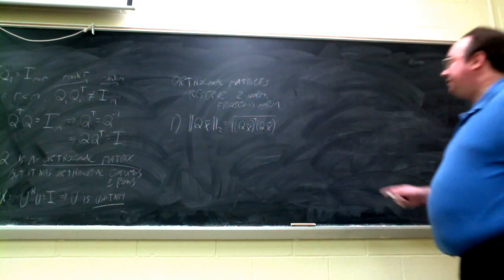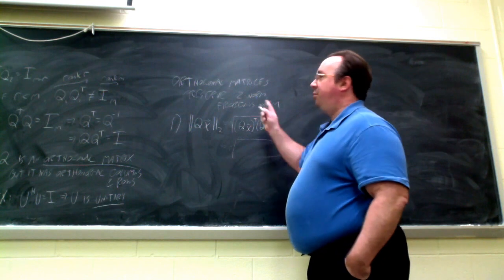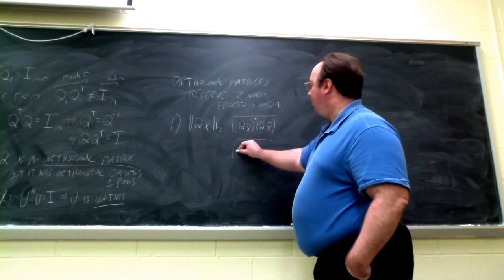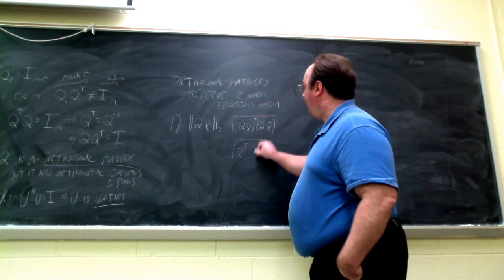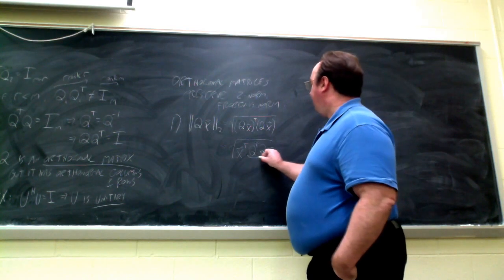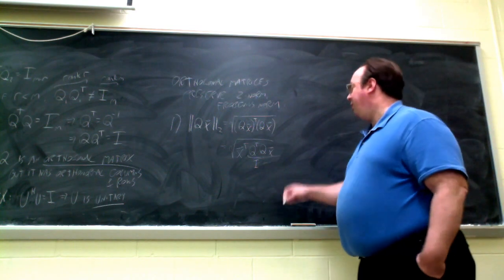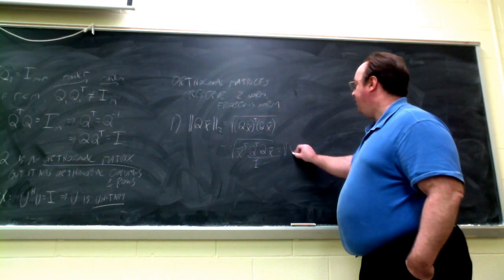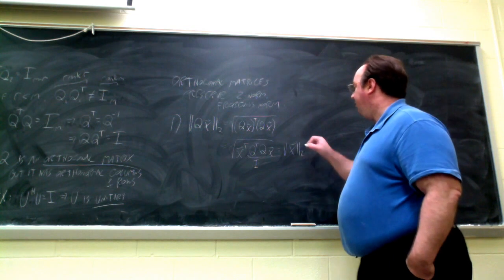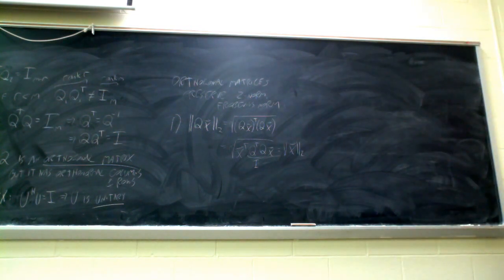But the transpose of a product is the product of transposes in reverse order. So we get x transpose Q transpose Qx. But Q transpose Q is identity. So that goes away, and what we're left with is just the vector 2 norm of x. So that works out nicely.